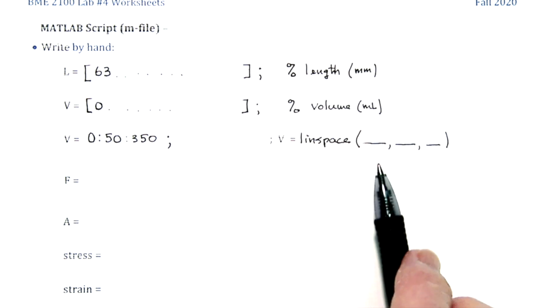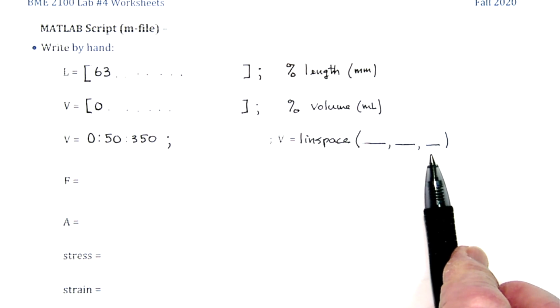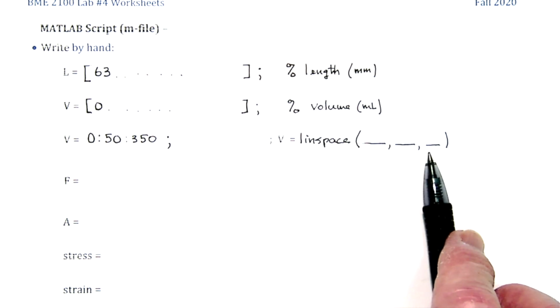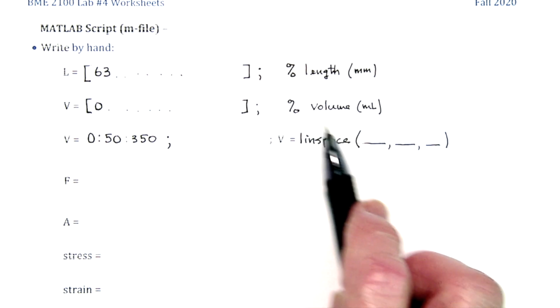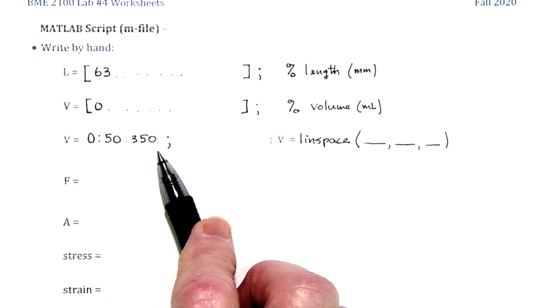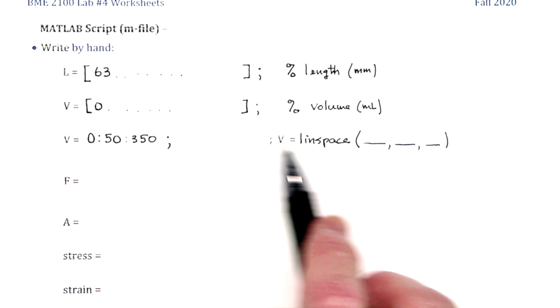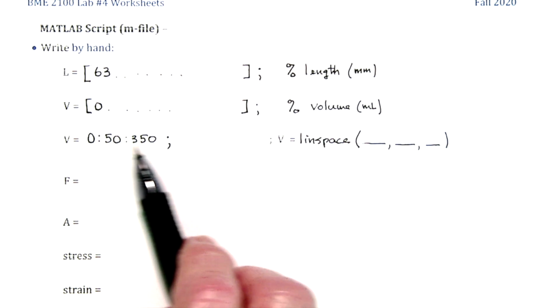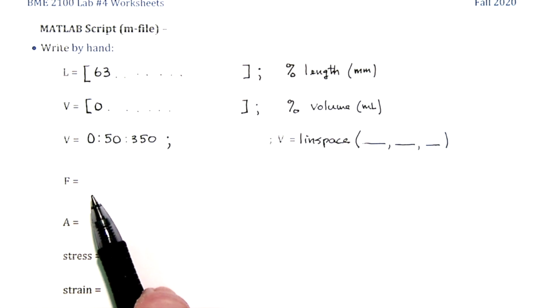I will let you look up in the help section of MATLAB how to put values in there which would allow you to generate the very same volume vector that either of those 2 ways of entering it are. You can use any of these 3 ways to generate the volume vector for this week's lab.